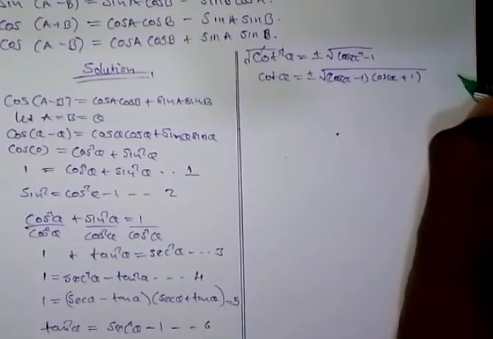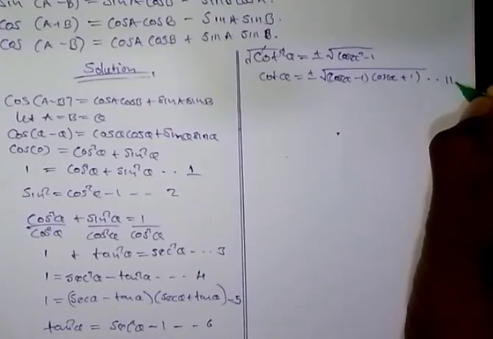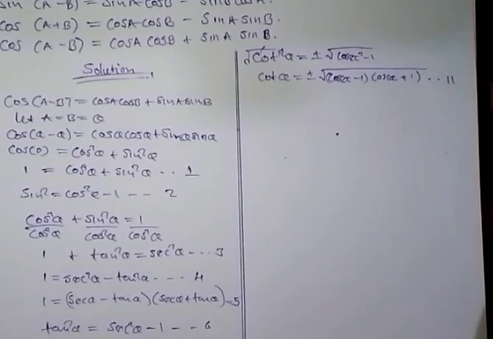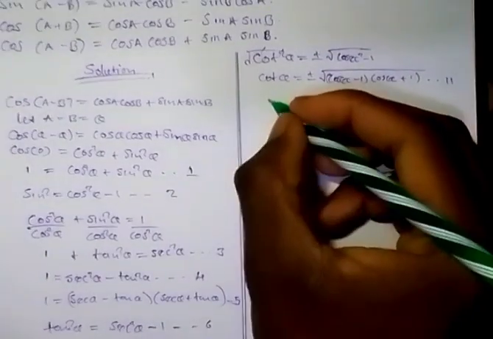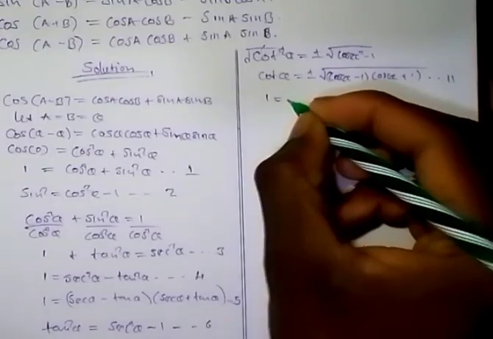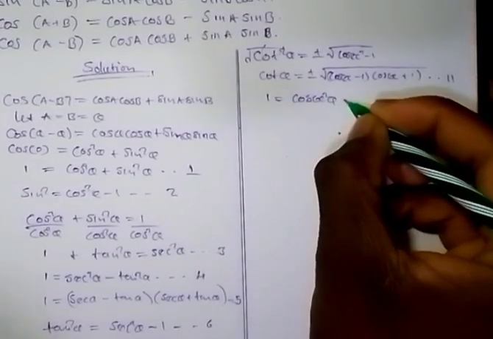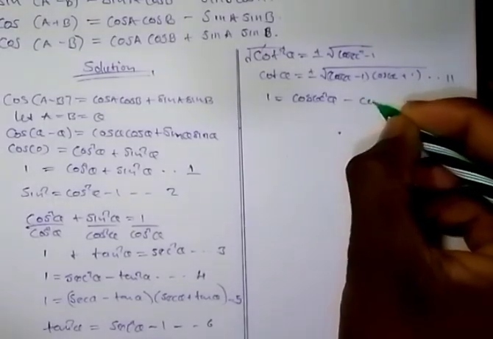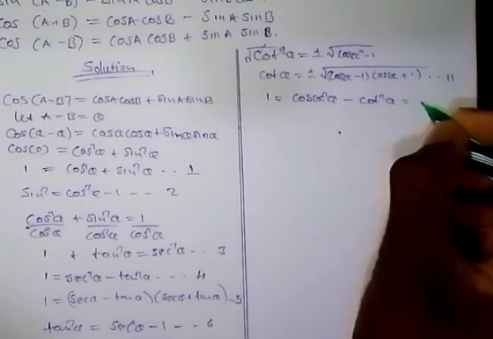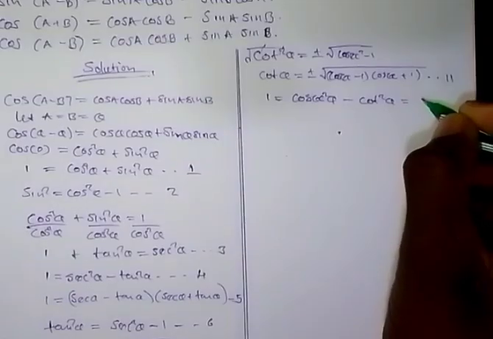Right, so now after this, we are going to let this be equation number 11. After it being equation number 11, we can also say 1 is equal to cosec square theta minus cot square theta, and this can be equation number 12.